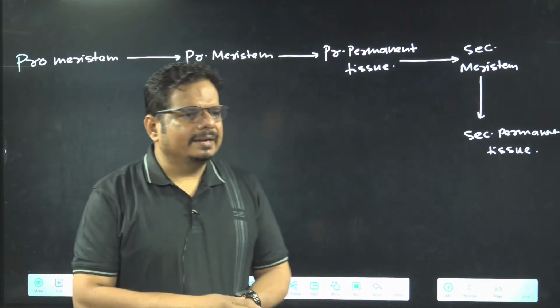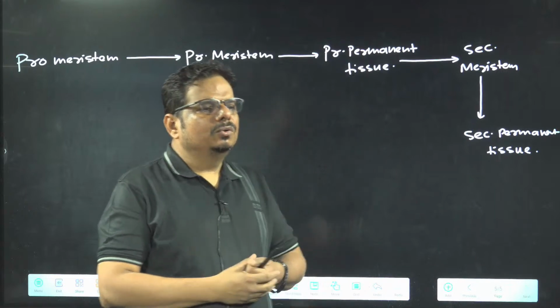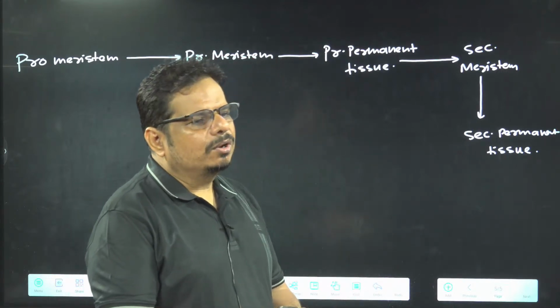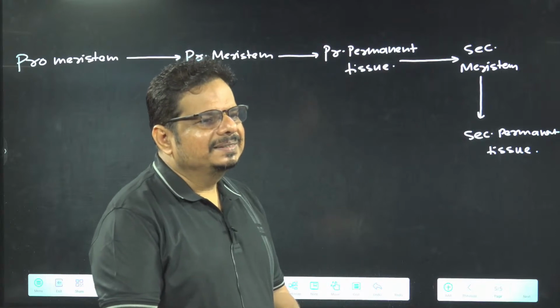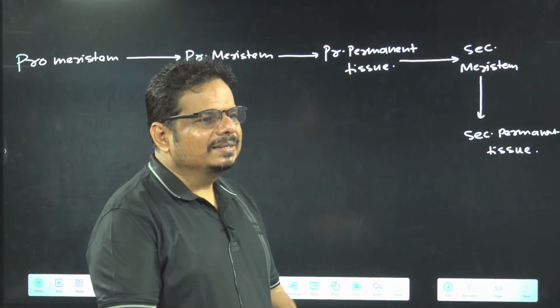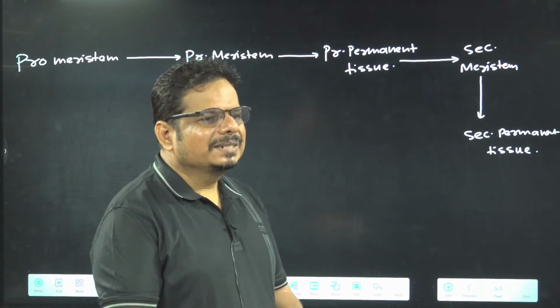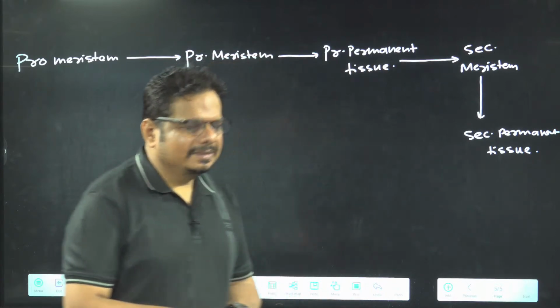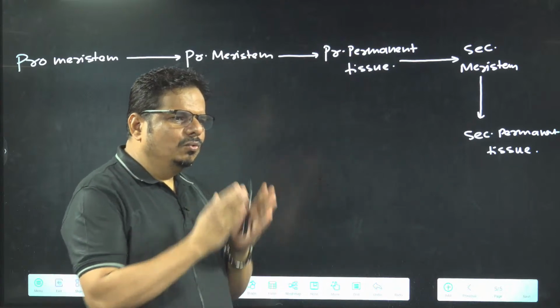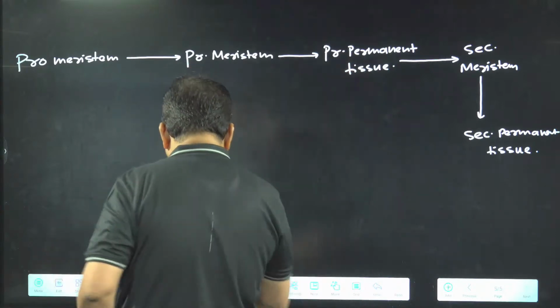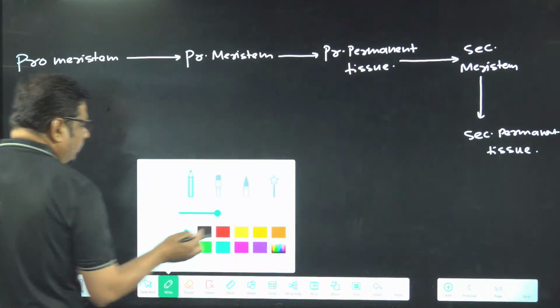And when secondary meristem loses the capacity of division once again, it forms secondary permanent tissue. Is it clear in the mind? So who is originating from whom? You got the idea?